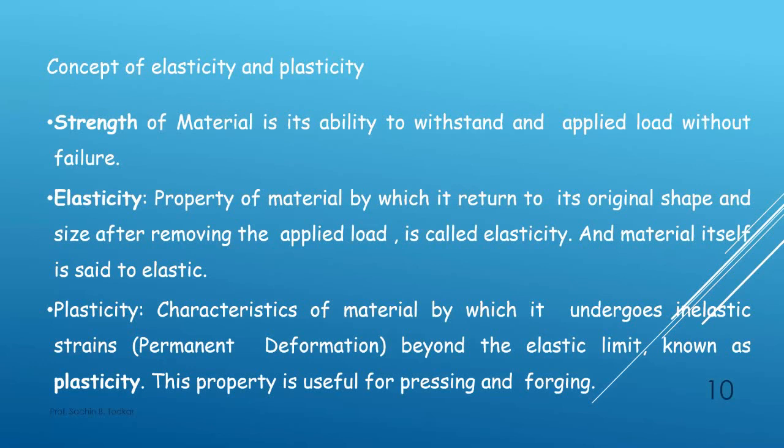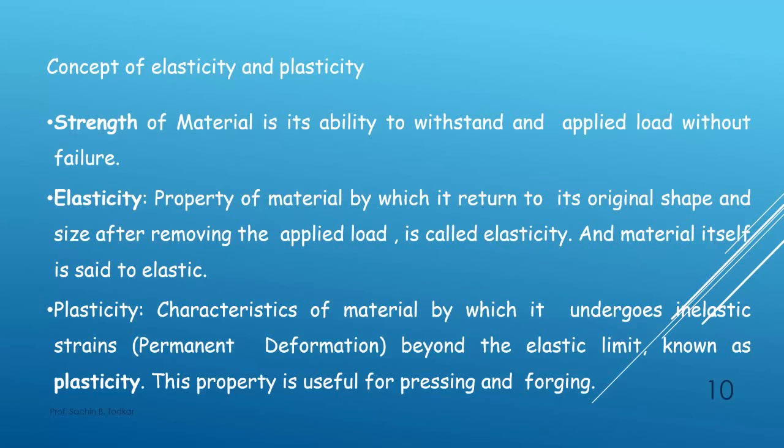Now some students may ask, sir, which material is said to be elastic? Because maybe in your diploma syllabus you might have heard that steel is more elastic than rubber. We see rubber is an elastic material, it regains its shape again, but in the case of steel, how is it possible?